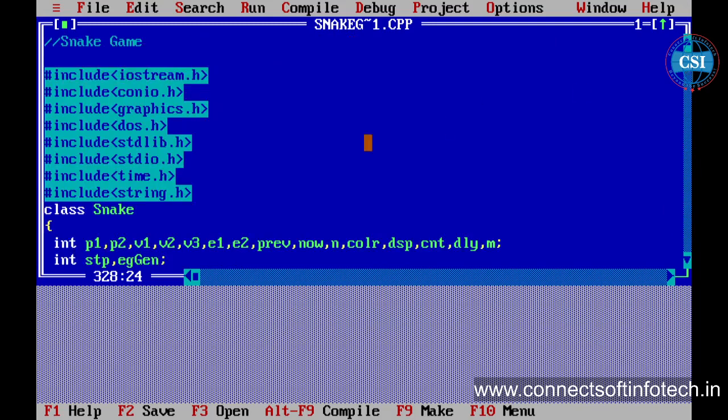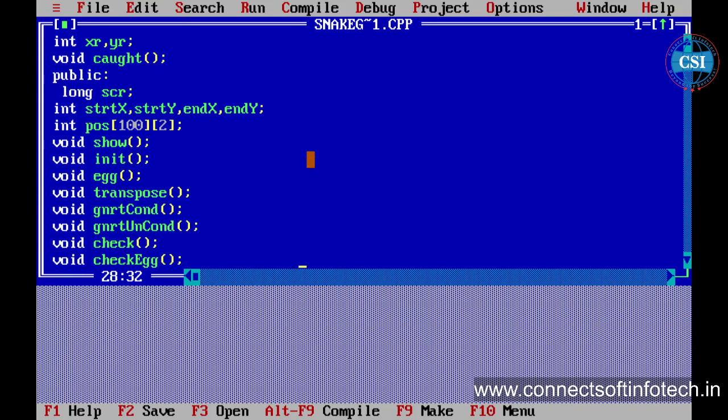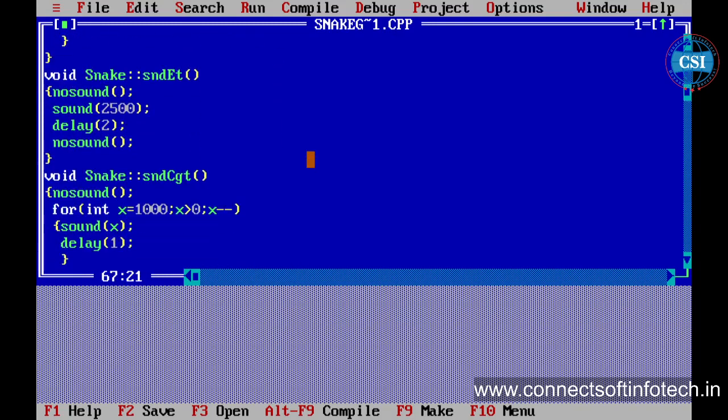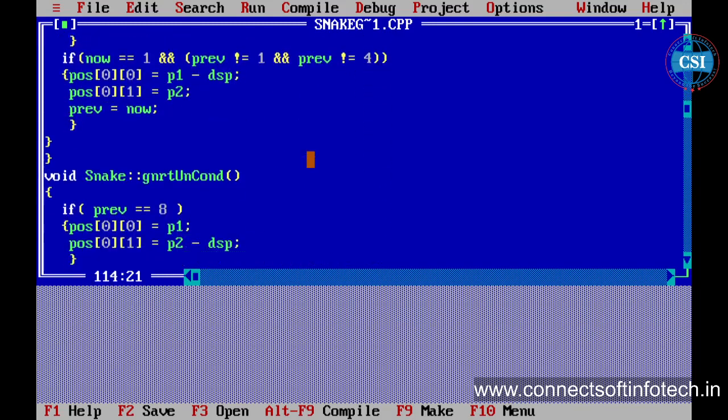मैं यहाँ पे ये check कर रहा हूँ कि initialize graph function कहाँ पे है int graph. So we have to provide the proper path there.